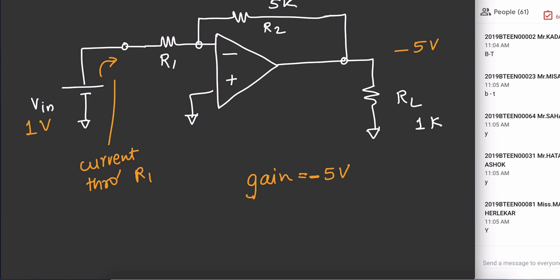Let me show that. The current must flow like this only. There is no option, it cannot go the other way. Okay. Now this is positive, this is positive. So how will this current go? It will go like this only, there is no option because this is zero, this is also zero. Yes and no? So current through R1 will be from left to right. Okay.